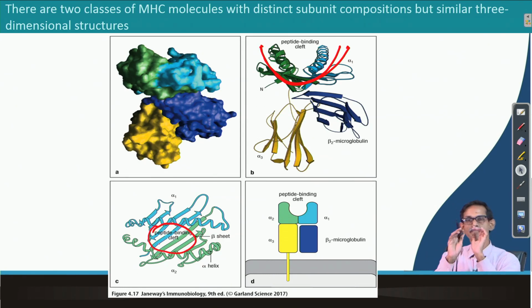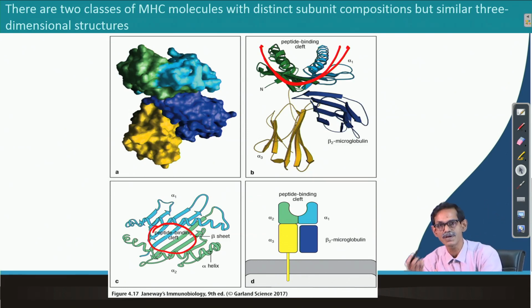It is like a plate or a dish where there are some ridges, so that something does not fall apart, and there is a space between. So the antigen can fit here, in this region, and this is the boundary. This region, the peptide binding cleft, is basically the plate.